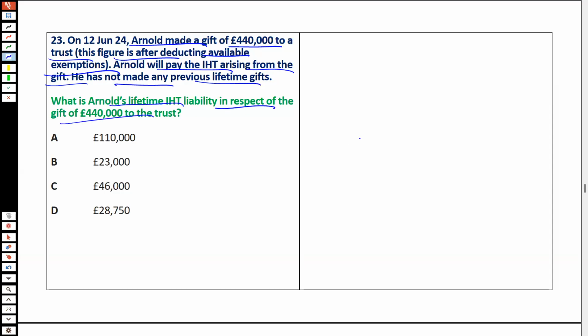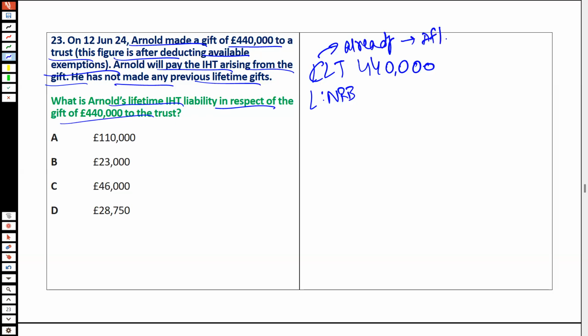Lifetime IHT liability. So 440 is the CLT less the NRB, because this is already after the annual exemption. Let me just cross-check the numbers.